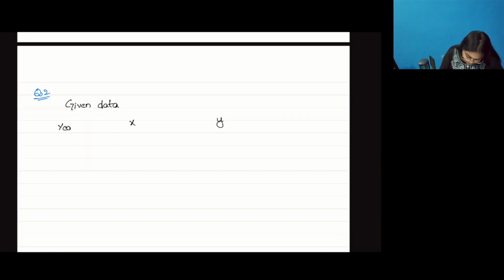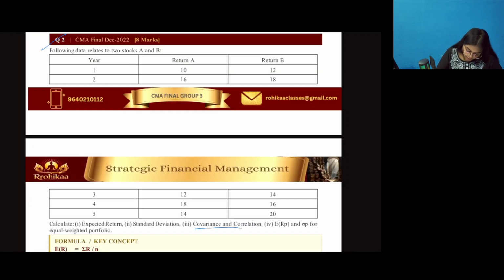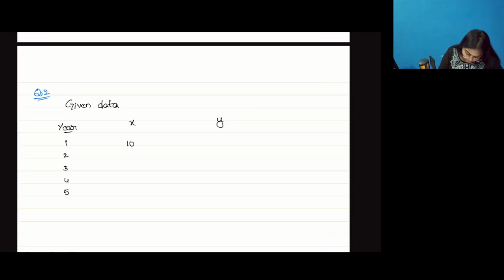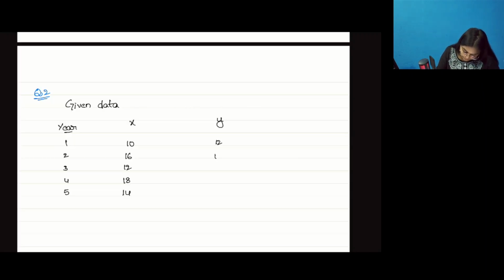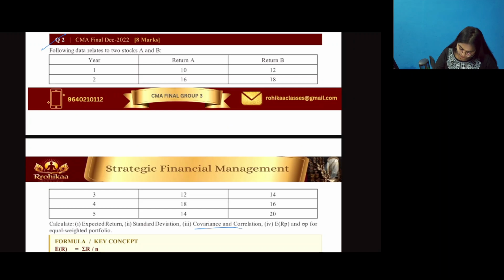Year 1 2 3 4 5. First I am bringing the data: x is 10 16 12 18 14, and y is 12 18 14 16 20.